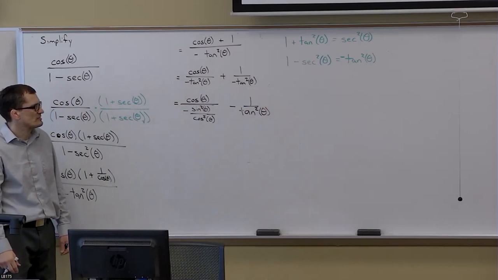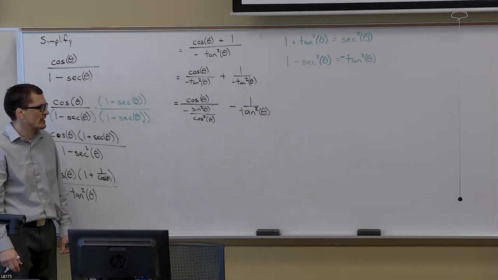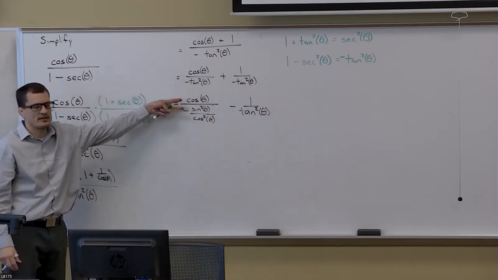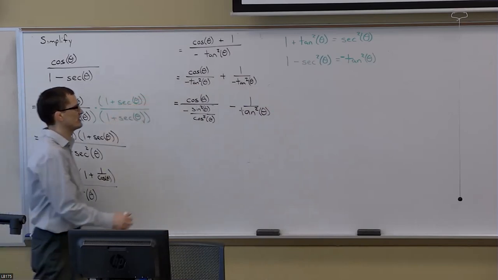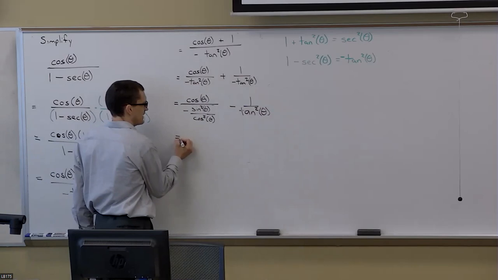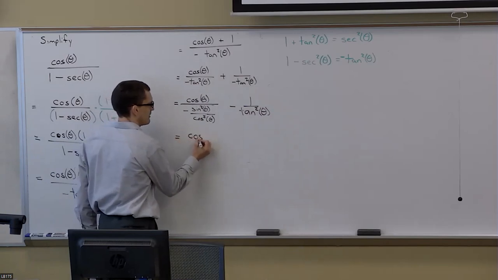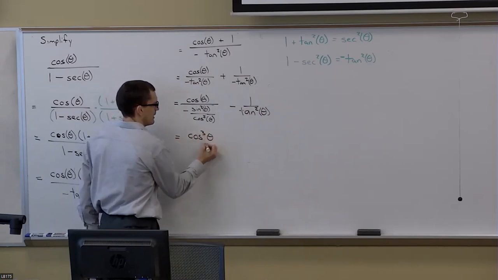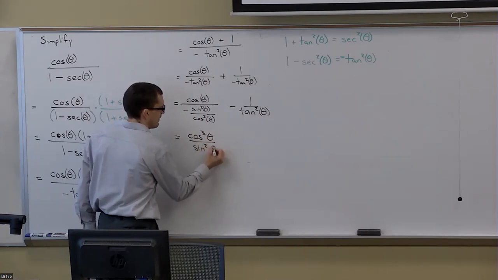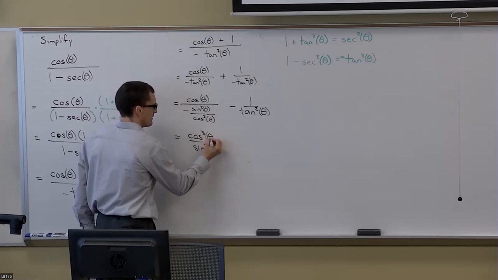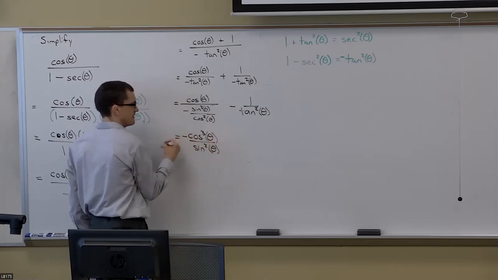This first fraction, cosine divided by negative sine squared divided by cosine squared, I'd have to multiply by the reciprocal. And if I multiply by the reciprocal, I'm going to get cosine to the third power in the numerator and sine to the second power in the denominator with a negative somewhere.